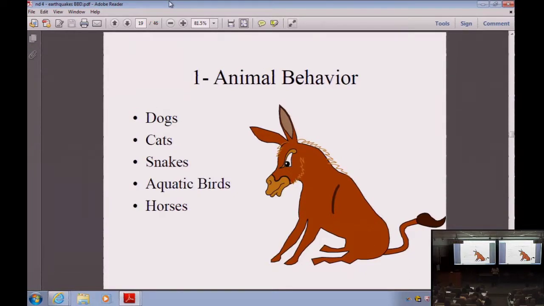And he found something like a 250% increase in the number of lost pets right before an earthquake. He published papers on this, expecting this to be a new field of research, but he was unceremoniously dismissed by the scientific community. But it is the case that sometimes dogs and cats will behave erratically right before an earthquake.